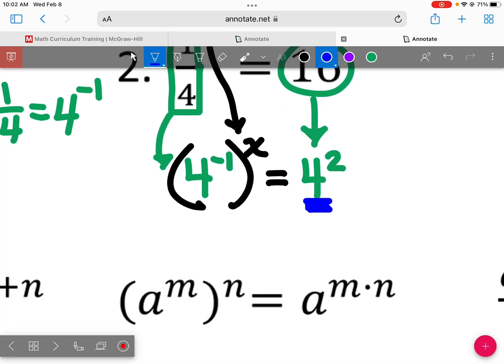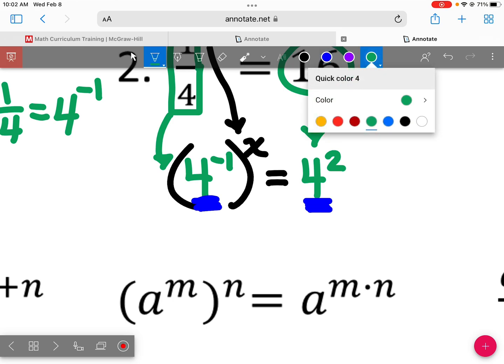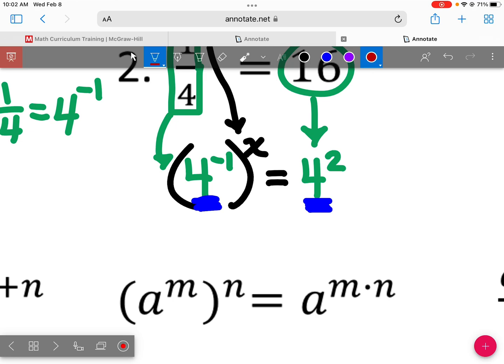And why am I so happy at this point that these two bases match? Tell me one more time. Yes, if the bases match, then my exponents have to be equal to each other. How many exponents do I have on the left-hand side? 2. I've got the one inside the parentheses and the one outside the parentheses.